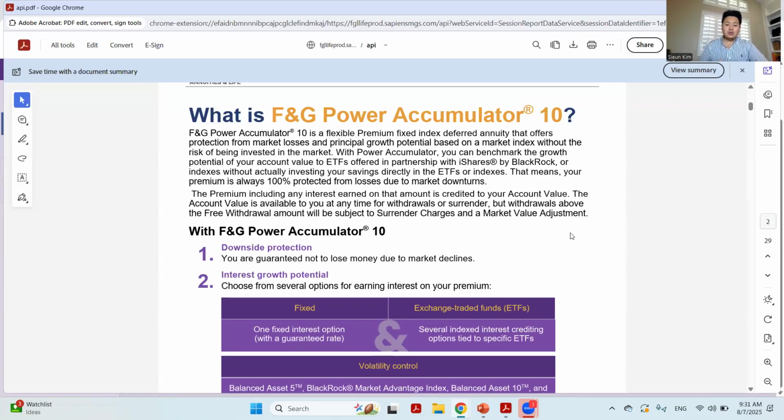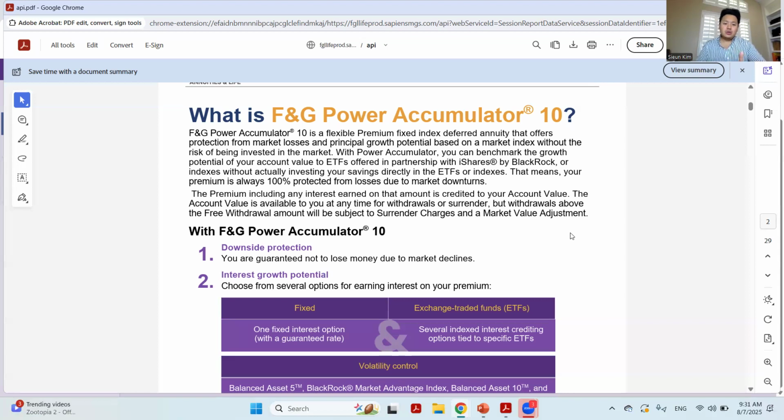So what we are doing is showing you an option where you can roll over your $200,000 into a fixed index annuity so that if the market crashes, your money will never be lost due to market declines. Do you think that's important to you, Jane? Yeah, that's amazing, right?